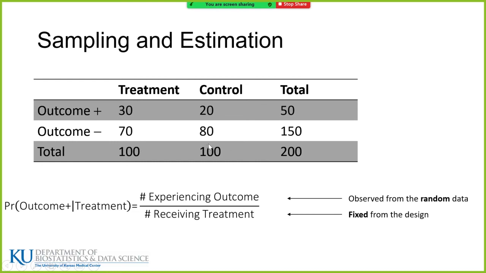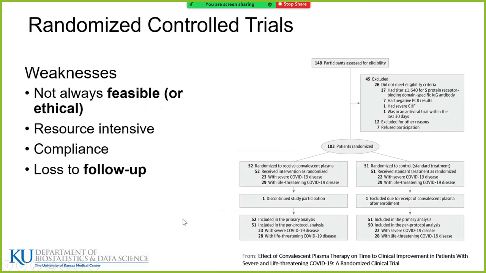So if we want to talk about the chances of experiencing a positive outcome under a particular treatment, then we can take the 30 out of 100, or 30%, and the 20 out of 100, or 20%. But again, the key here is what is fixed. In this case, it is those receiving treatment, the factor that we were sampling on or randomizing on.